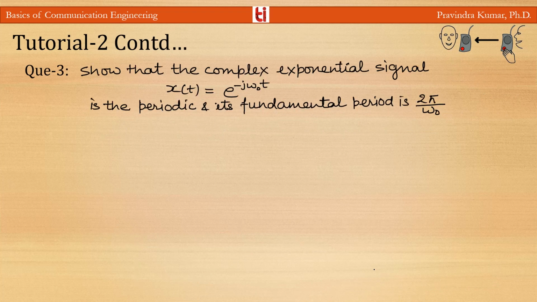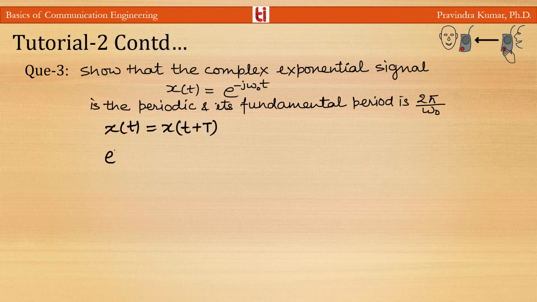Now another question: show that the complex exponential signal x(t) = e^(jω₀t) is periodic and its fundamental period is 2π/ω₀. If x(t) is periodic, then x(t) will be equal to x(t+T), where T is the period.